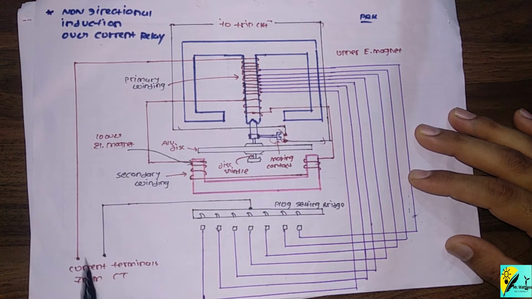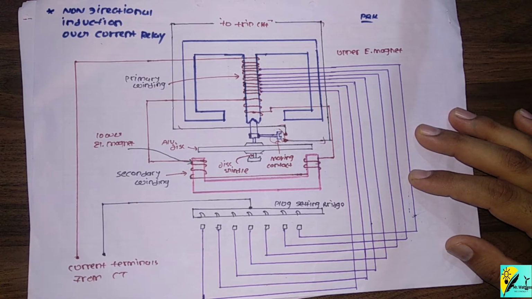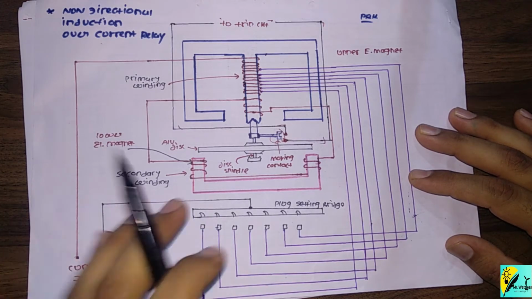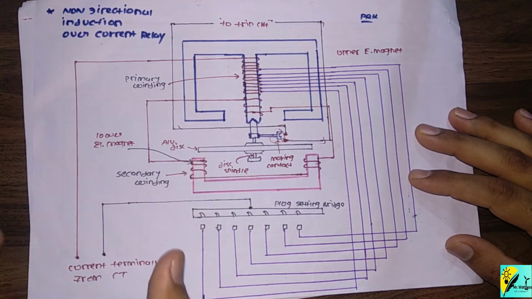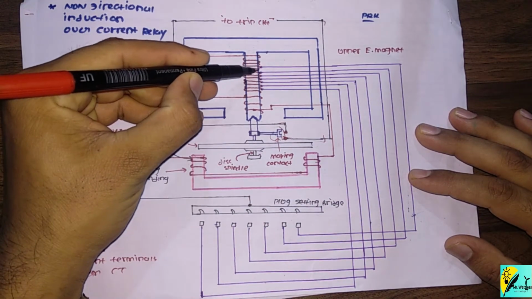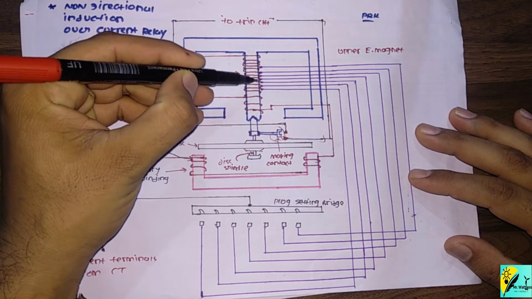As you can observe here, these are the current terminals, or current from the CT. This winding is tapped at intervals, as you can observe here.